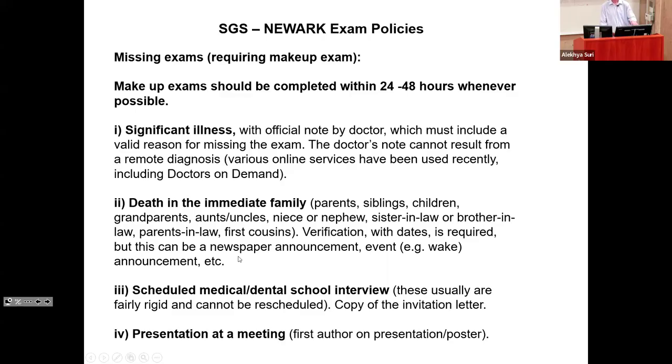Number two, I hope that's not the case, but that was the case. One of your colleagues had a death in the immediate family. Number three would be interviews, if you have this on the same day or week. So also you need evidence before. If you don't bring this evidence, main exam, okay?